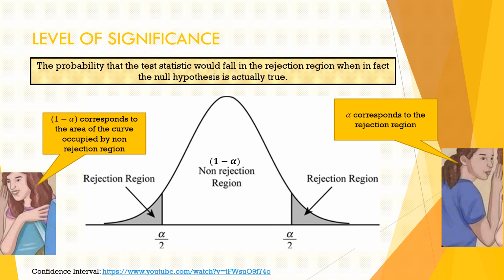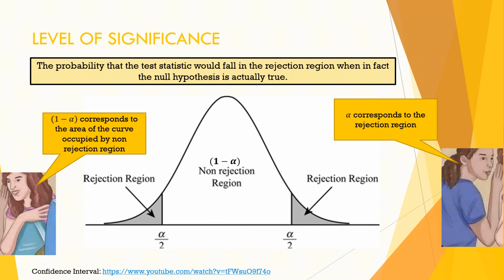It says here that alpha corresponds to the rejection region, while 1 minus alpha corresponds to the area of the curve occupied by the non-rejection region. If you notice here, class, our alpha is divided by 2. We divide it by 2 because we have a two-tailed test.